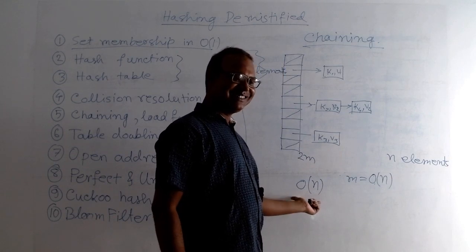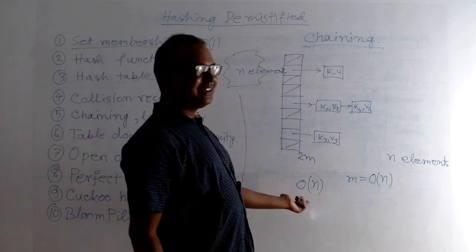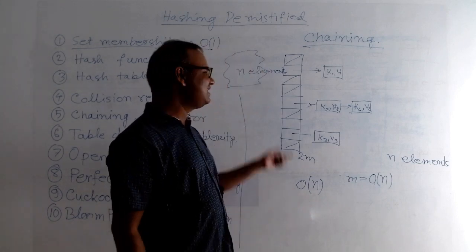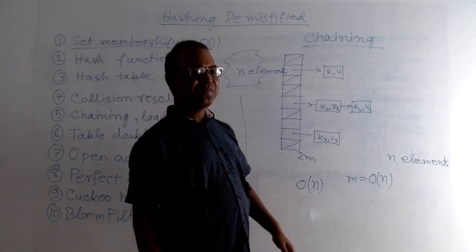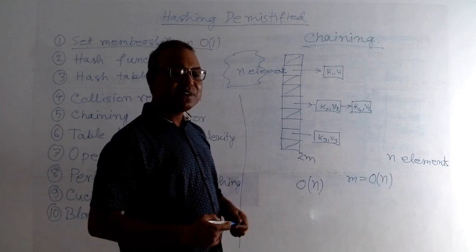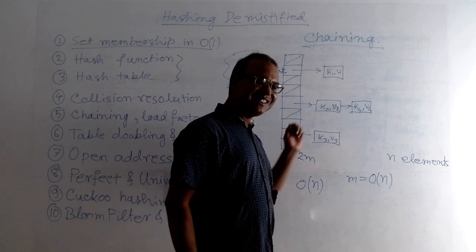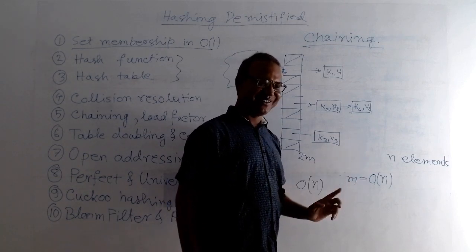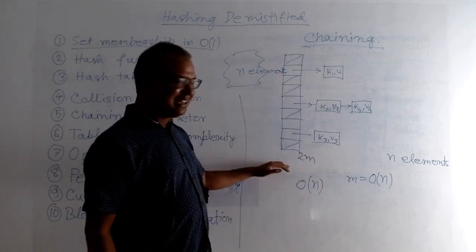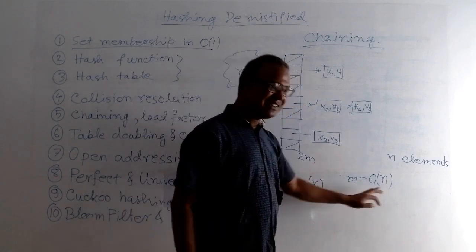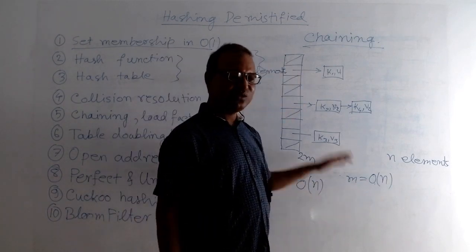Is it? No, it is not. We can simply compute the amortized complexity, meaning how many times we are doubling the table. Are we doubling the table with each operation? No, not at all. We double the table only when n becomes bigger than the table size.